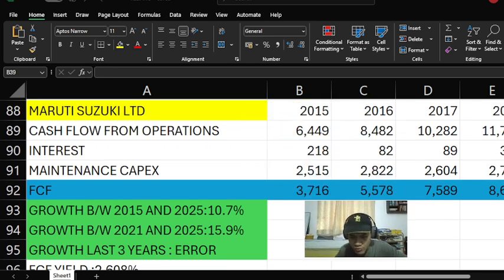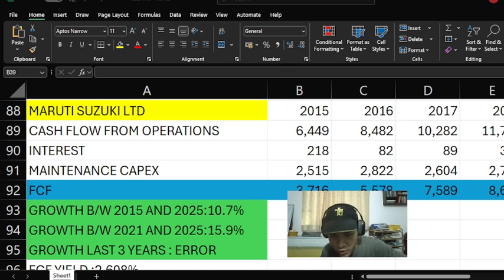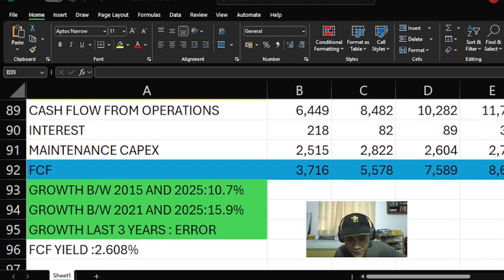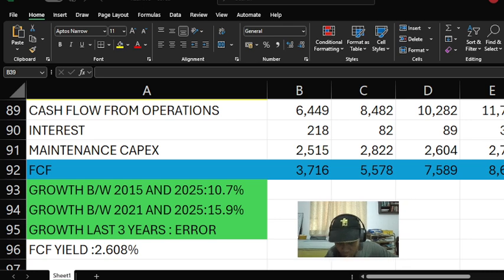Growth last 3 years will be negative because 2022 was a bad year. Maybe because of the Russia-Ukraine war, free cash flow was negative in that year. Overall, free cash flow yield of 2.6%. Last 10-year growth of 10.7% and last 5-year growth of 15.9%.